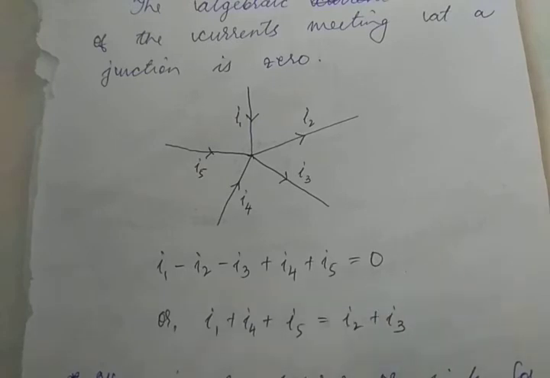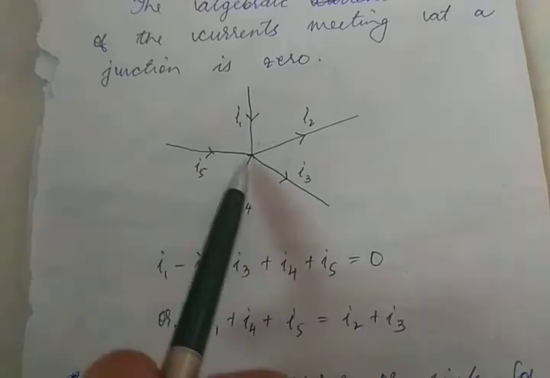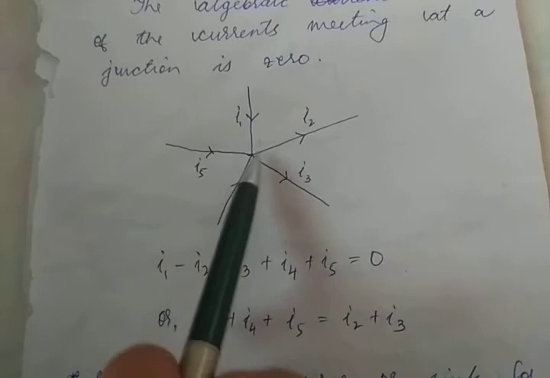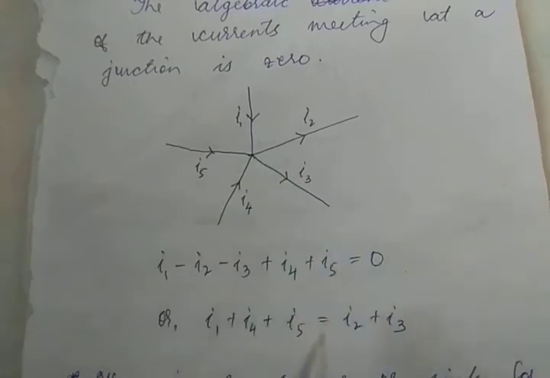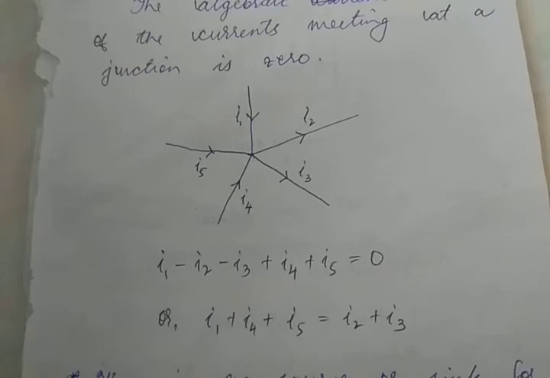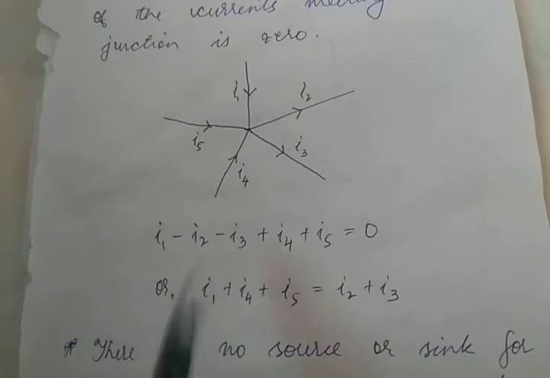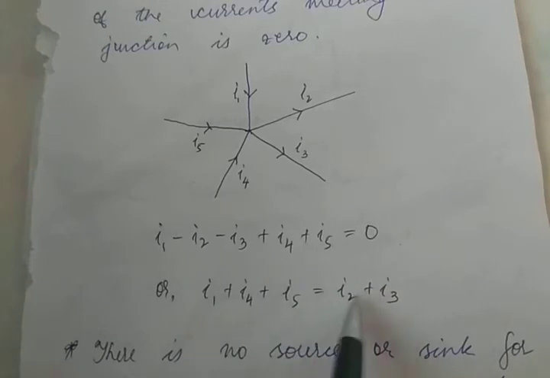Now if you take current flowing into the junction to be negative and current flowing out of the junction to be positive, in that case also you land up exactly at the very same equation. You can try doing that. So from this equation what we can write is I1 plus I4 plus I5 is equal to I2 plus I3.